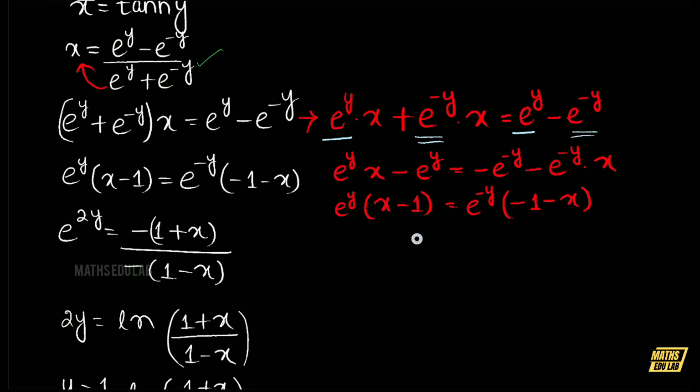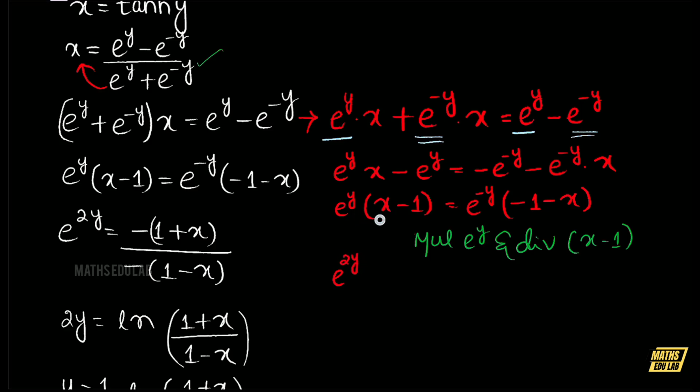So I can write it here, multiply e to the power of y and divide x minus 1. So in this step we get the value as e to the power of y will be multiplied, so we get e to the power of 2y, because e to the power of y into e to the power of y will be 2y.